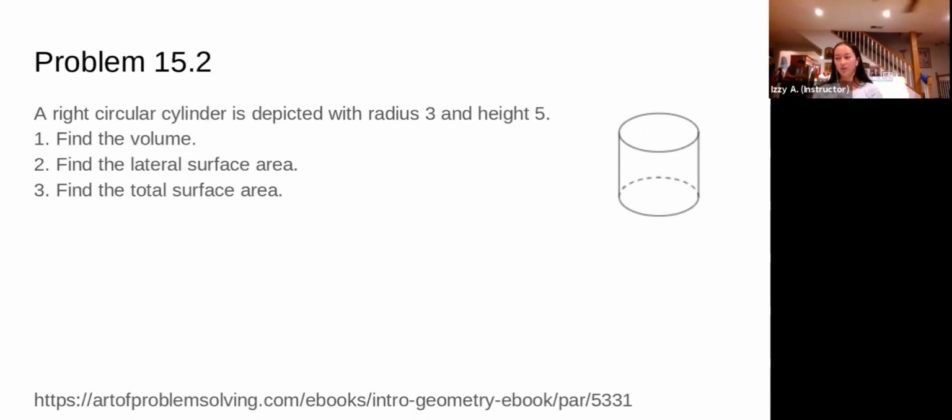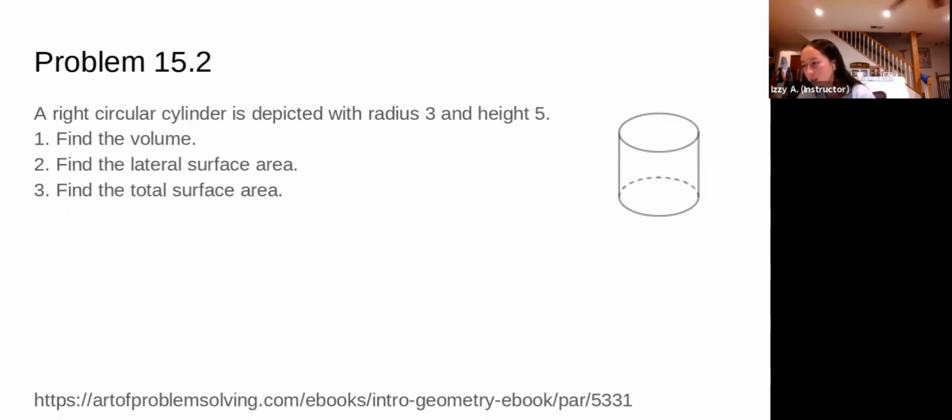For the volume, remember that it's the area of the base times height. Right circular cylinders are pretty straightforward with the volume. Yes, there is a formula, of course, but you don't have to memorize it in order to know it. You can figure out the formula based off of the things that we've previously covered.